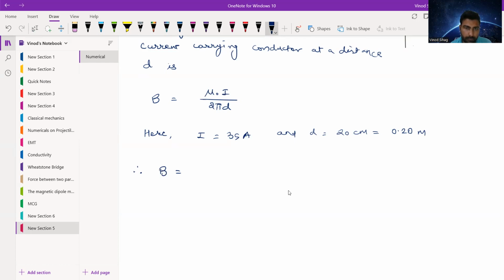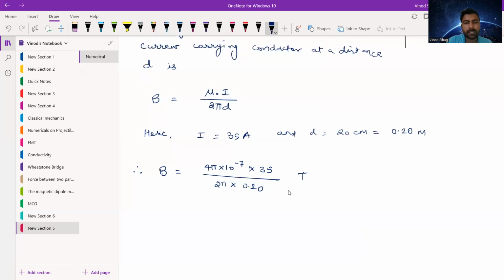B equals mu naught, which we know is 4 pi into 10 to the power minus 7, times the value of I, 35, upon 2 pi into 0.20 meter.